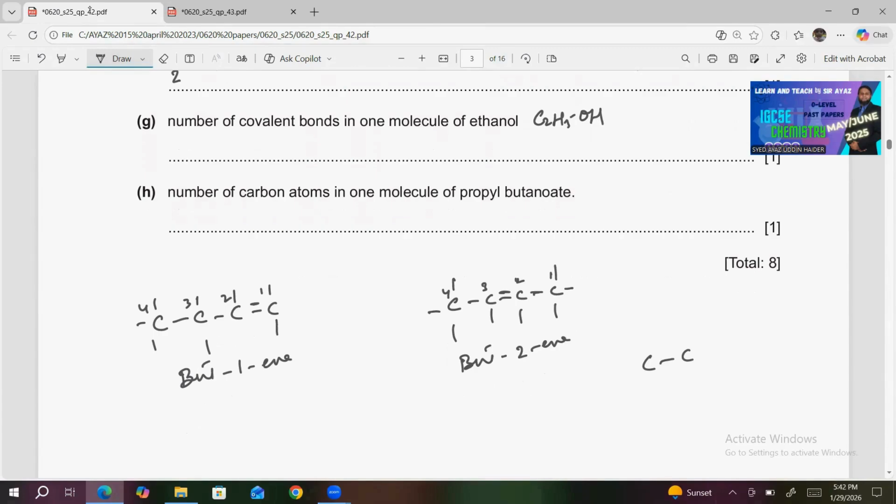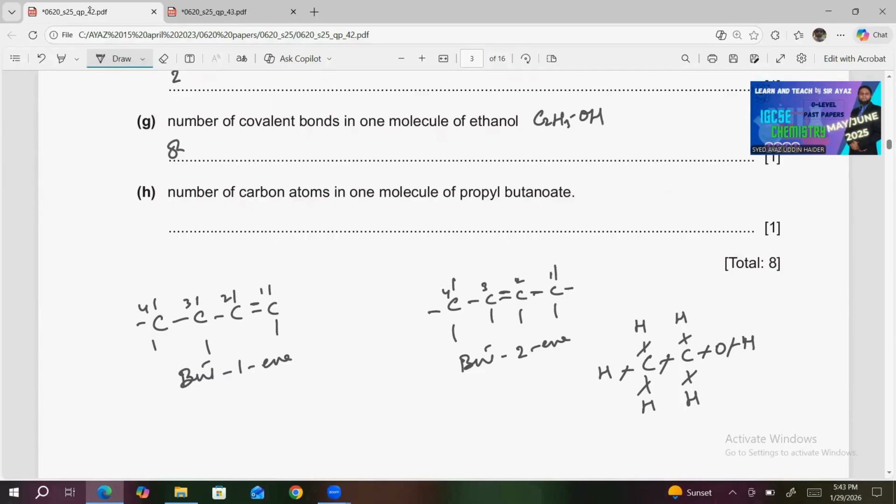O forms a single bond with carbon as well as 1 with hydrogen. What about the other hydrogen atoms? 1, 2, 3, 4, 5. Now let's count the number of covalent bonds in this molecule: 1, 2, 3, 4, 5, 6, 7, 8. There will be 8 covalent bonds here.